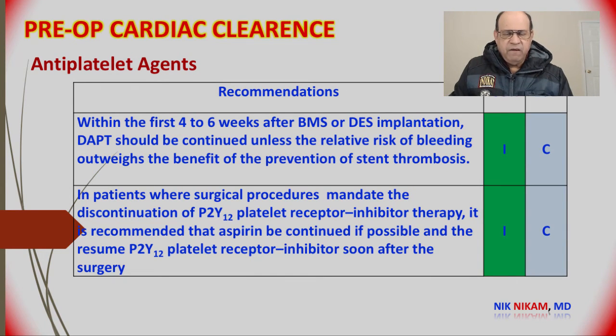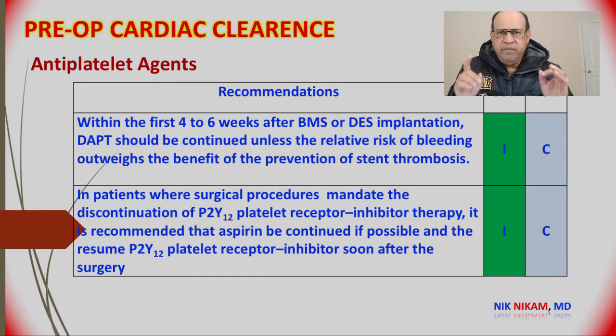Antiplatelet agents. We talked about the 2 weeks for balloon angioplasty, 4 weeks for bare metal stent, and 1 year for drug-eluting stents. The antiplatelet agents should be continued. If the patient is going for elective surgery beyond these time intervals, then it is reasonable to hold the antiplatelet agents for 4 to 5 days before surgery and resume these medications as soon as it is reasonable to start after the surgery.